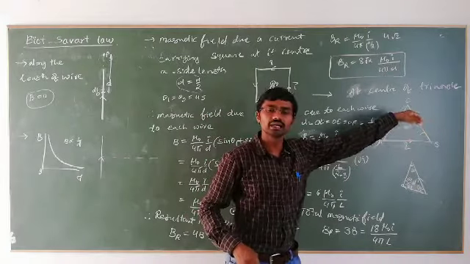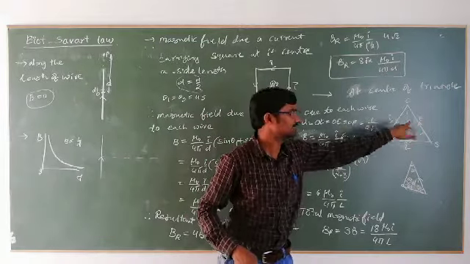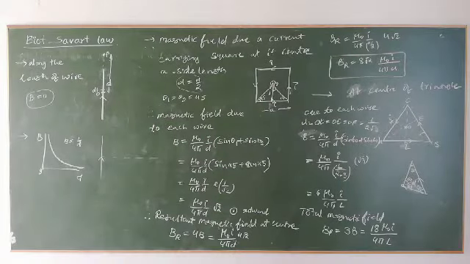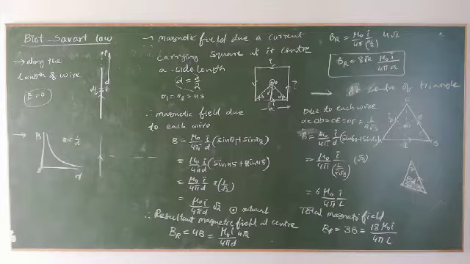Now from the median to the bisector point, what is this distance? OD, OE, OF, that is equal to L by 2 root 3. From here to here, L by root 3. It is a 2 to 1 ratio.